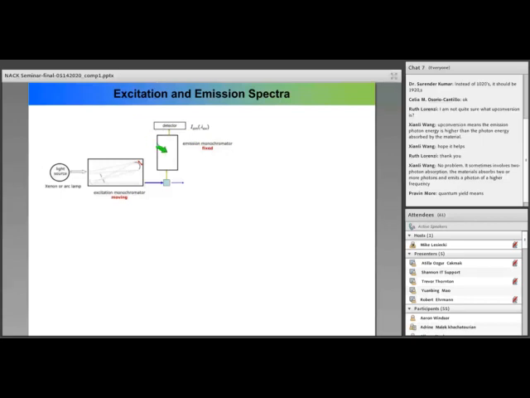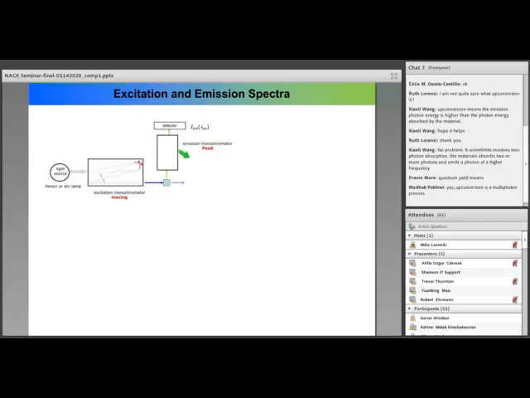So when we take the excitation spectrum, we fix the emission wavelength, while we change the excitation wavelength, and then we measure, at that specific emission wavelength, how much light is being absorbed by our samples, right?